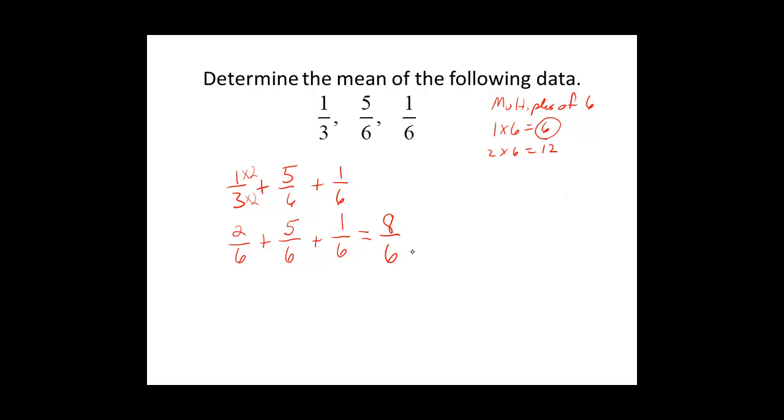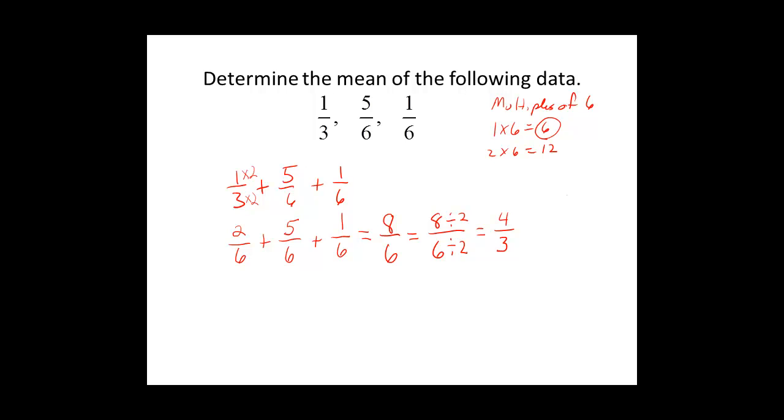We see two even numbers, so we need to divide out a common factor. Even numbers we know are divisible by 2, so we will divide the numerator and denominator by 2. So the sum of all of the numbers is equal to 4 over 3. So we have added all of the numbers and we have this sum of 4/3.